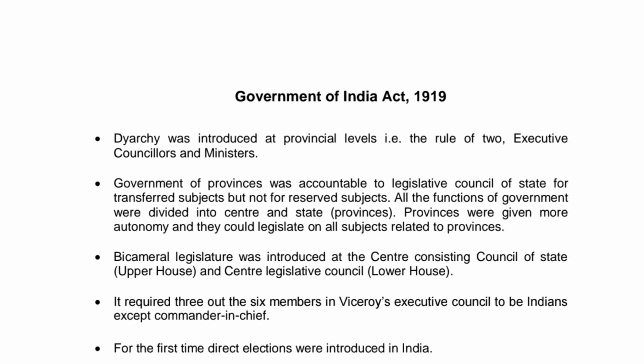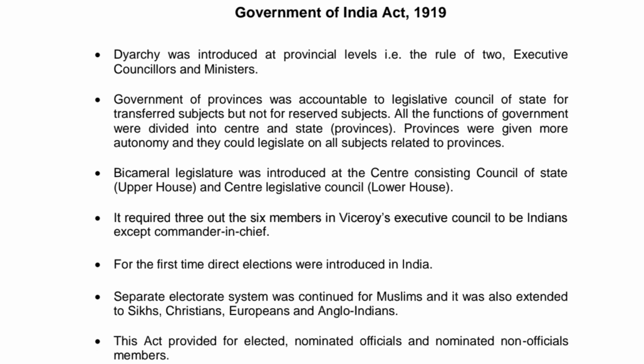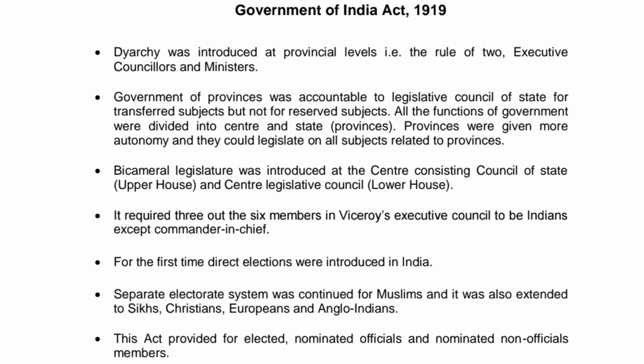Next point is the Government of India Act 1919. Here, dyarchy was introduced at the provincial level, that is, the rule of two: executive councillors and ministers.